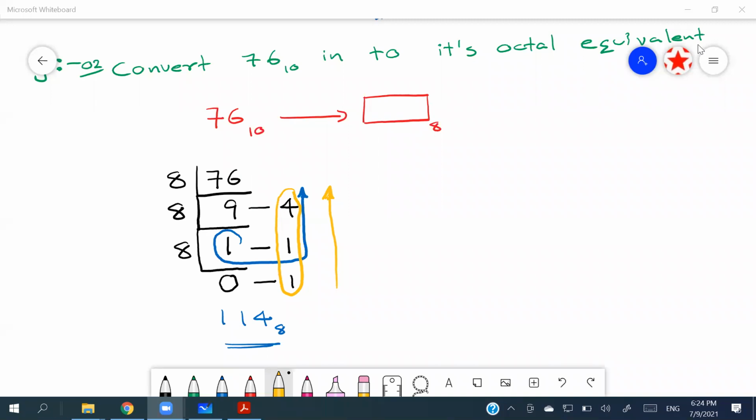So here we go for the third example. Now you know what is to be converted. We are going to convert the 76, the decimal value, into its hexadecimal equivalent, which is base 16, right?